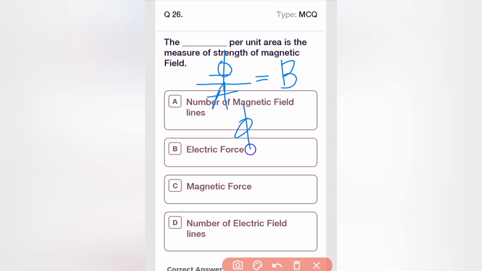So what does this phi represent? It represents magnetic flux, or the number of magnetic field lines. It is not electric field lines, it is magnetic field lines. So option A is the correct answer.